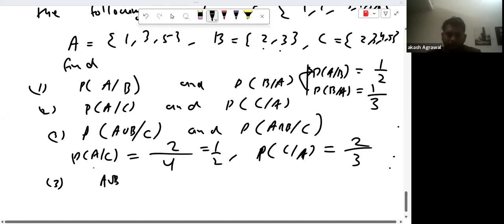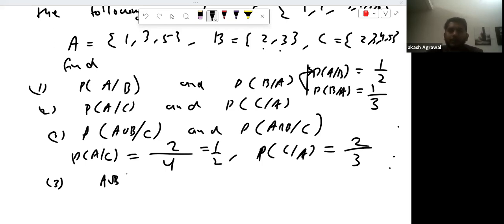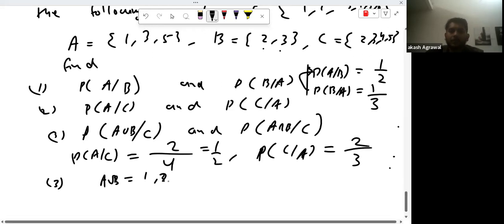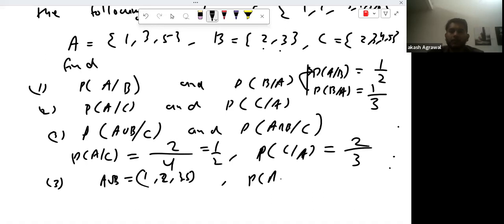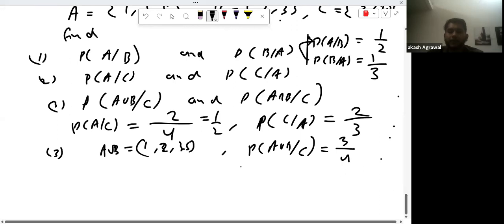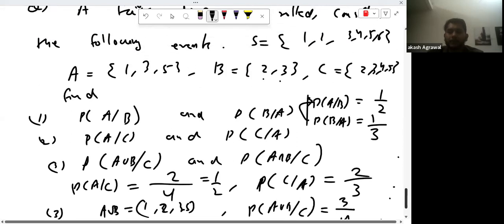Sir, 3 by 4 and 1 by 2, 1 by 4. Okay. A union B is 1, 2, 3, 5. So probability of A union B given C: common is 2, 3, and 5, so 3 by 4. Okay.